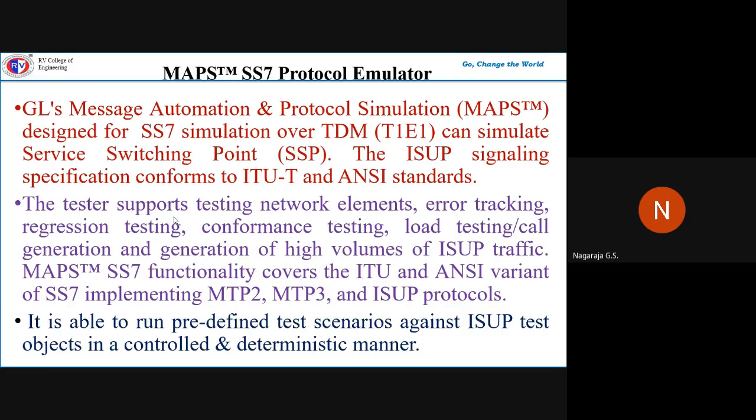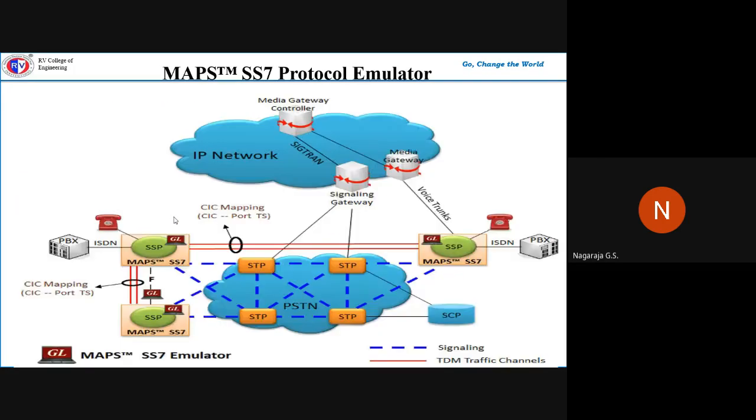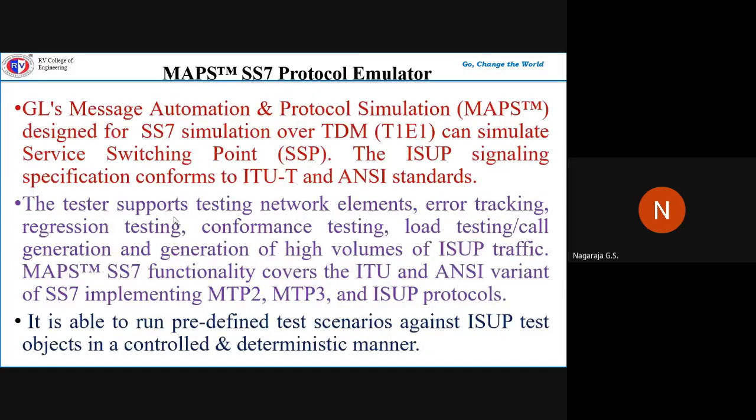Having said this, about the MAPS TM SS7 protocol emulator, we have more details on this particular emulator, which talks about message automation and protocol simulation, designed for SS7 simulation or TDM, and can simulate a service switching point. The ISUP, that is the ISDN user part signaling specification, conforms to ITU-T and ANSI standards.